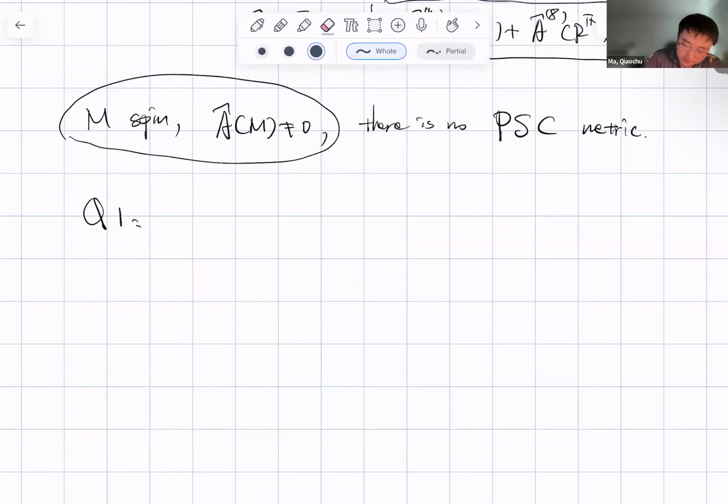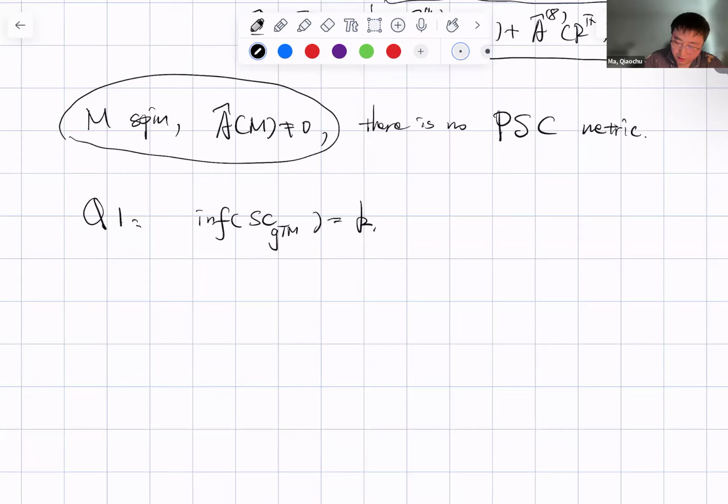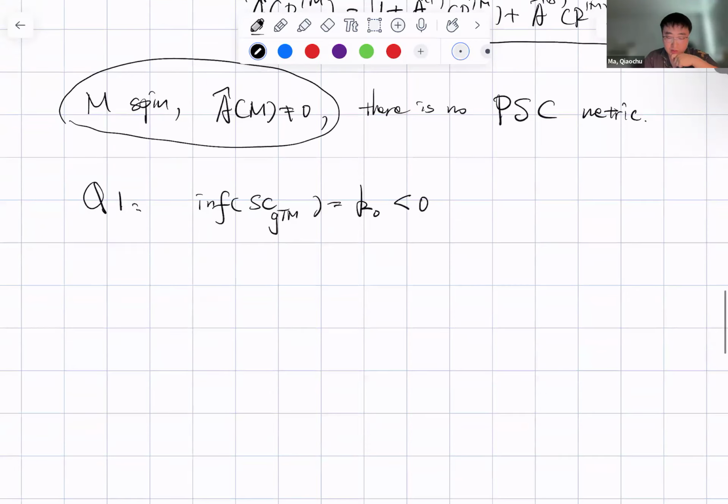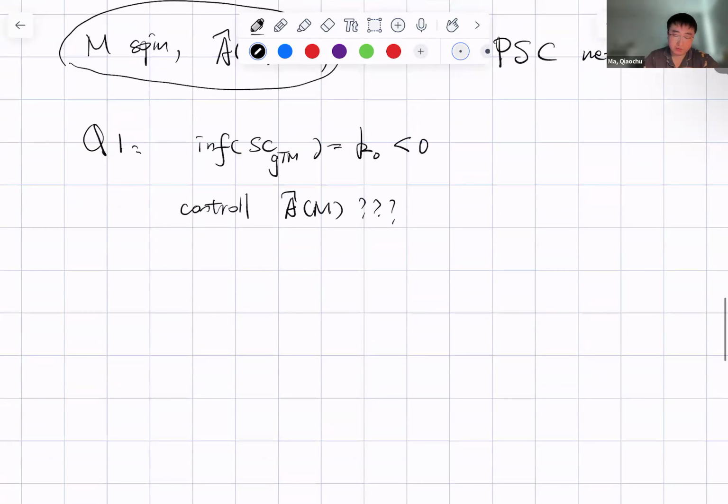So what if we consider the infimum of the scalar curvature, denoted by K0, and this K0 is less than 0? It's not positive scalar curvature, but can we still control this A-hat genus? That's the first question.